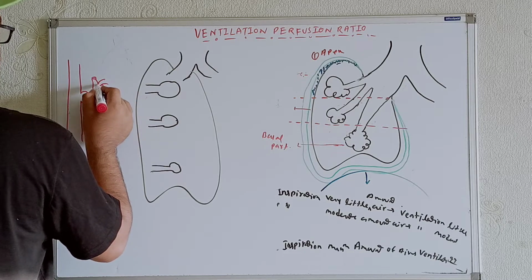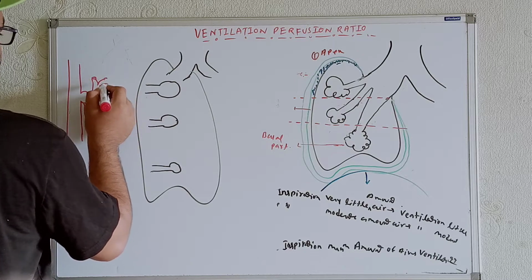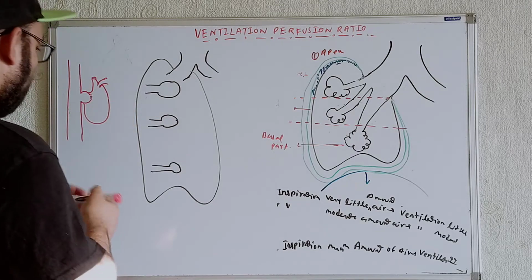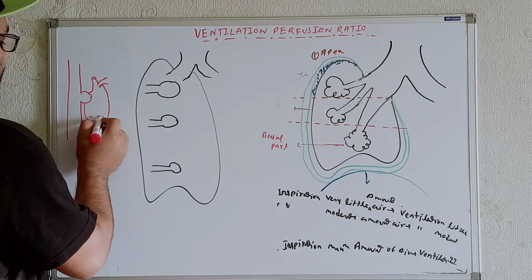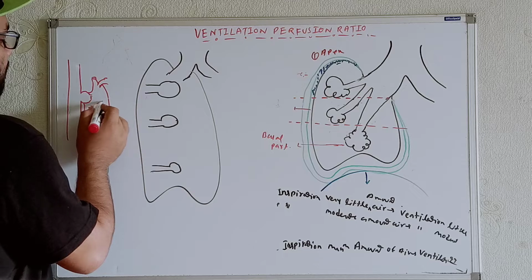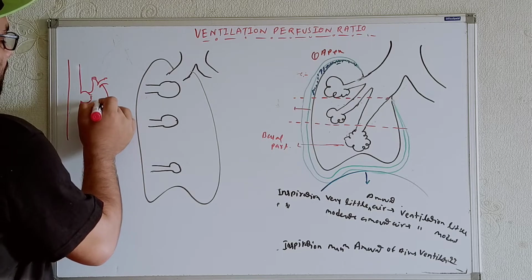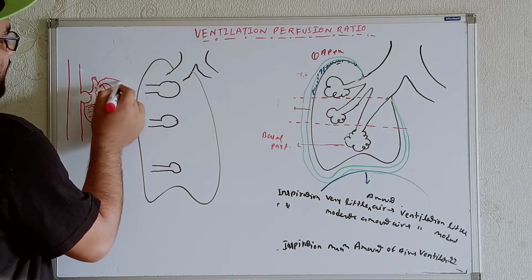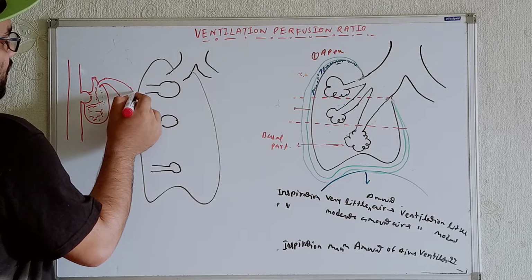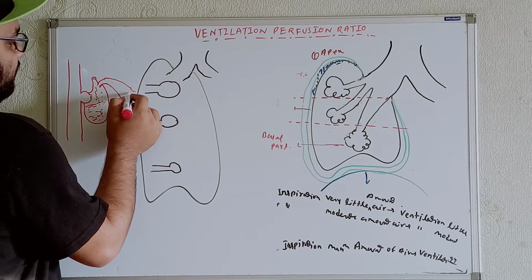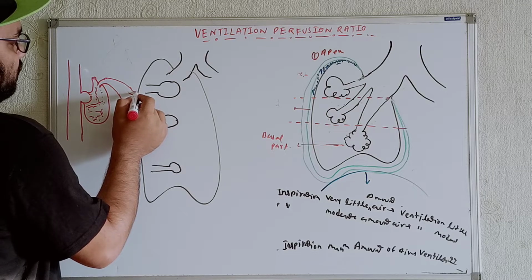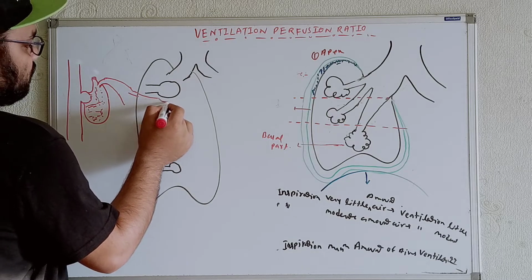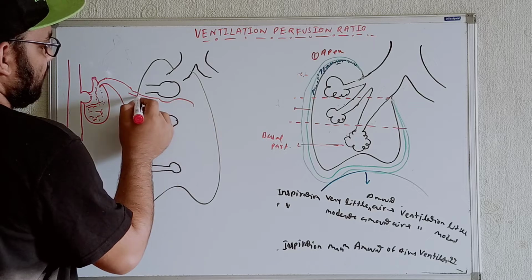Okay, now as we know, through the pulmonary artery the blood is pumped from the right ventricle to the lungs. After that we will get the branches that will be divided over here. So one branch we are getting in this way, that is supplying the blood.